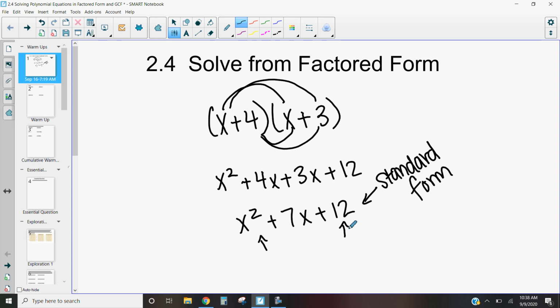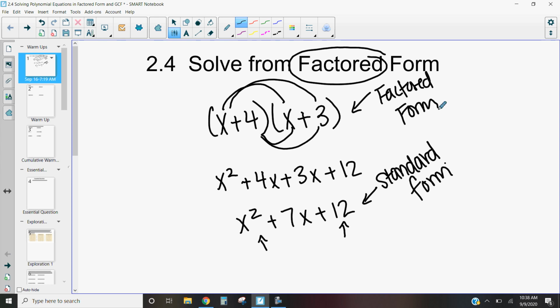Factored form means that I've broken it apart, and instead of multiplying it together like I do with the FOIL method, I want to leave it as my separate pieces. So factored form is referring to this form right here, where we have it broken down into the factors of this polynomial, or those two parts. And those are what we're focusing on today.